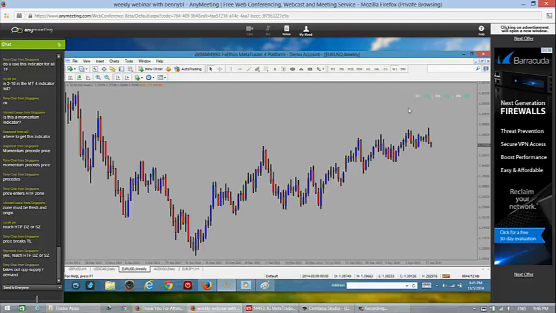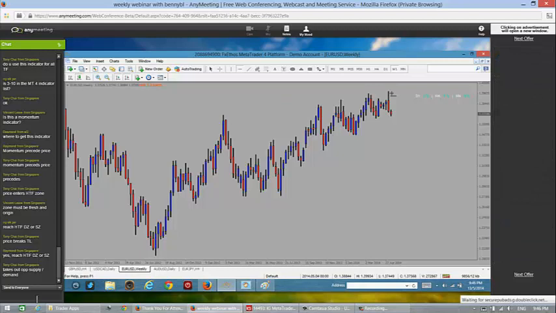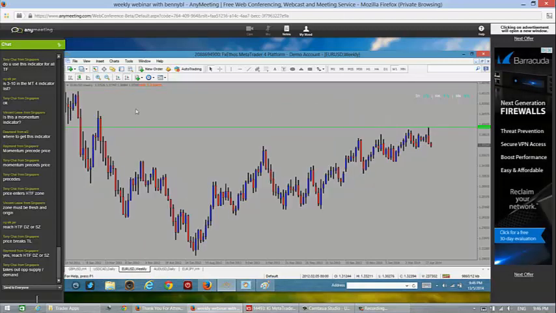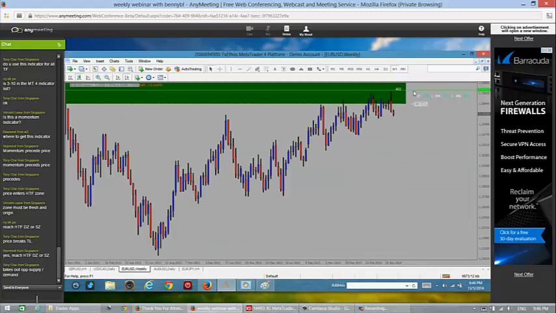Euro dollar. You can see I put a horizontal line there because I want to find the supply, which is here. We have a weekly supply here.